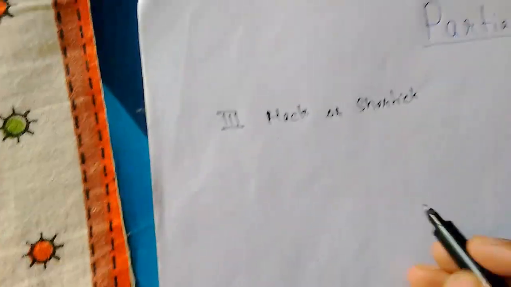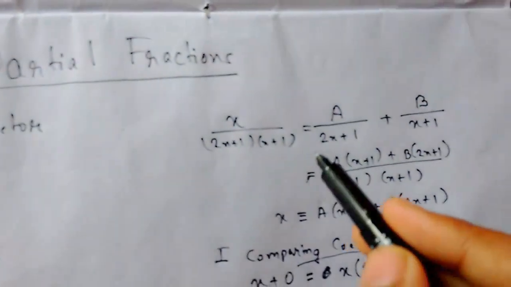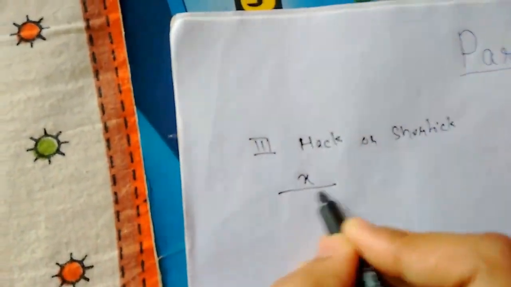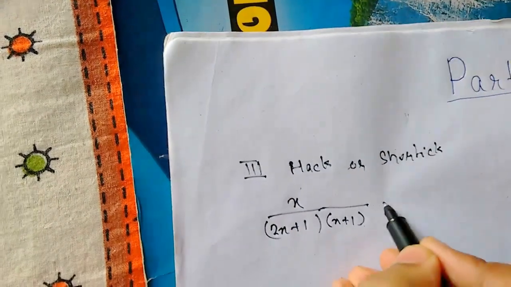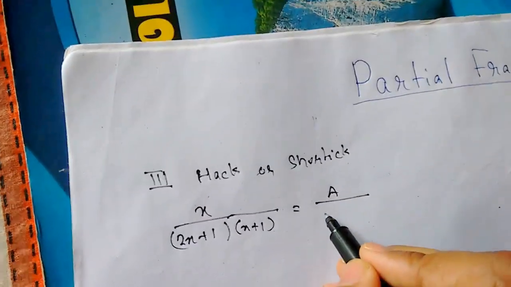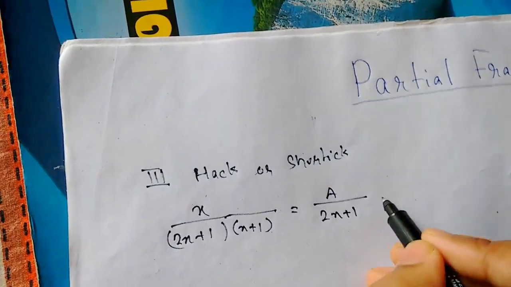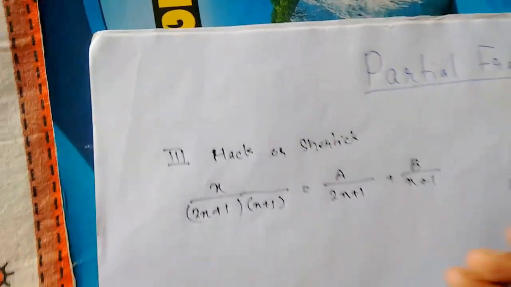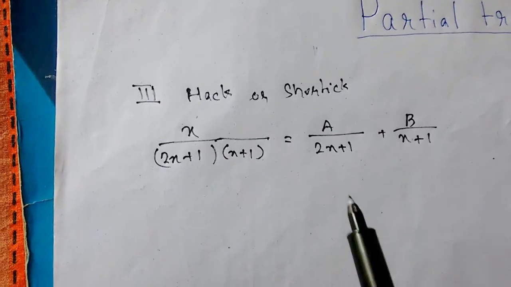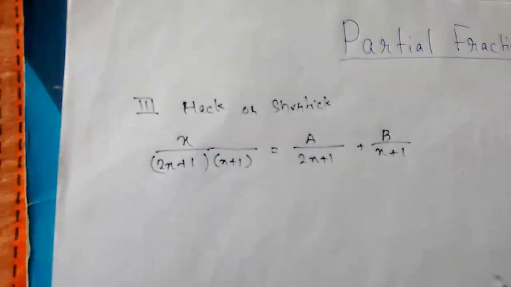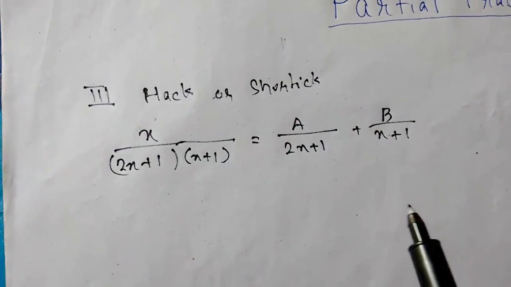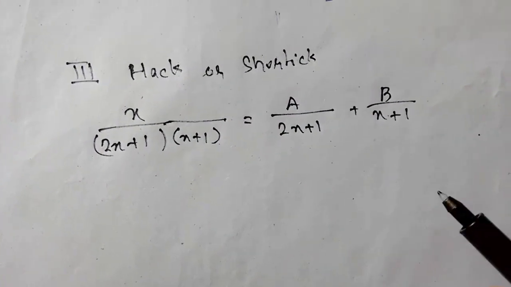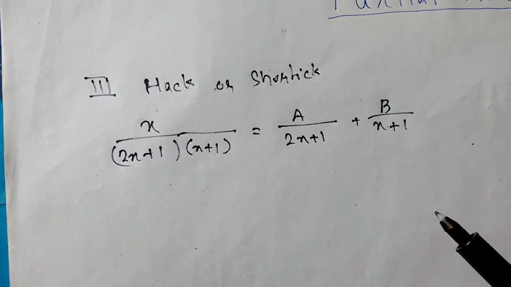If we copy this again here: x upon (2x plus 1)(x plus 1) equals A upon (2x plus 1) plus B upon (x plus 1). I'm warning you, this is not a logical method, but it works very well and works 100%. We can use it for time saving or in entrance examinations.